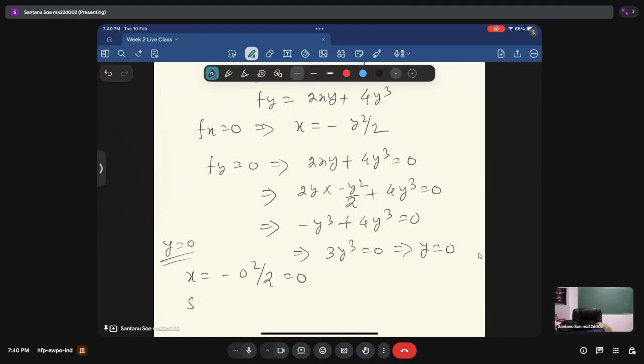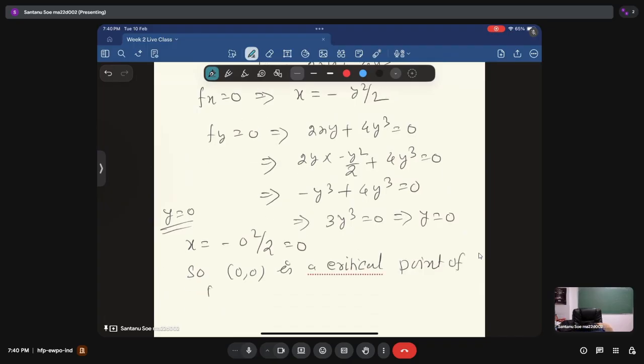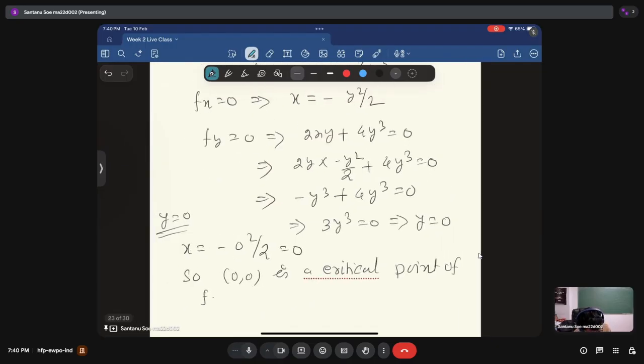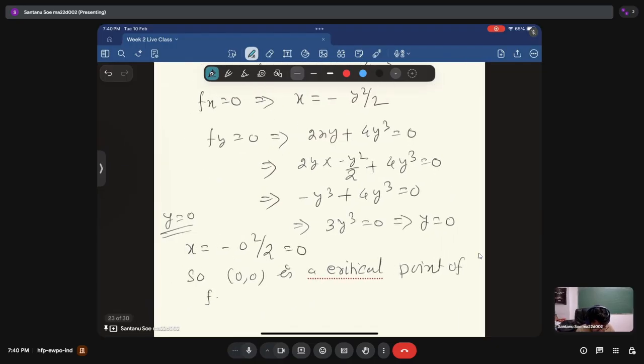Correct? So 0 comma 0 is a critical point of f. Correct. So now if you try to calculate the Hessian at 0 comma 0, then we can see that the Hessian will come to be 0.